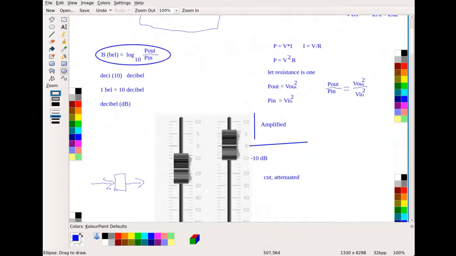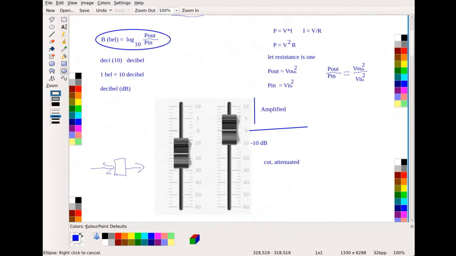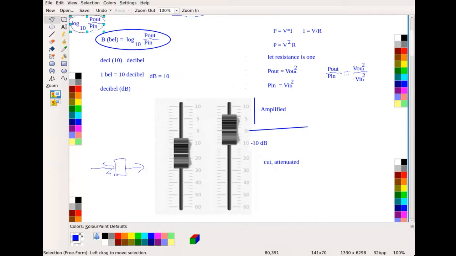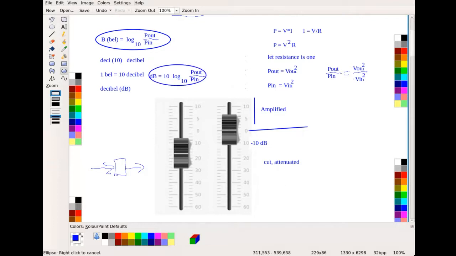So if we do decibels, that was bels up here, a dB, a decibel, is defined as 10 times this, because 1 bel is 10 decibels.